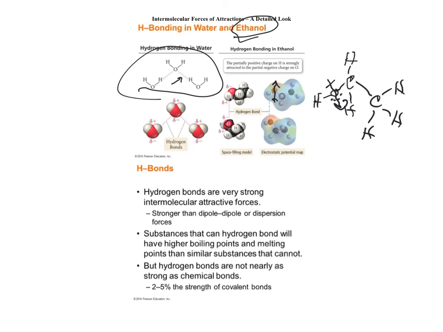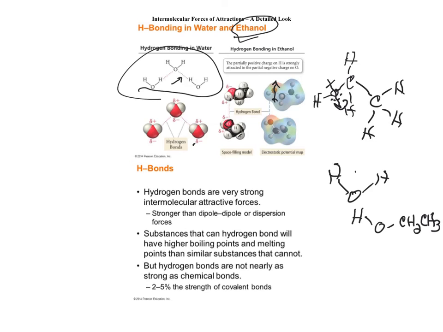And if you happen to have alcohol mixed with water, the water can interact with the alcohol. So you could have a situation like this. So I have my water interacting with the hydrogen from the alcohol. And I'm just going to draw it this way.